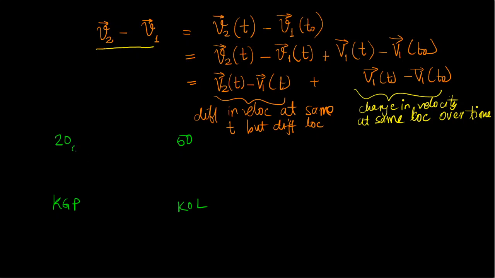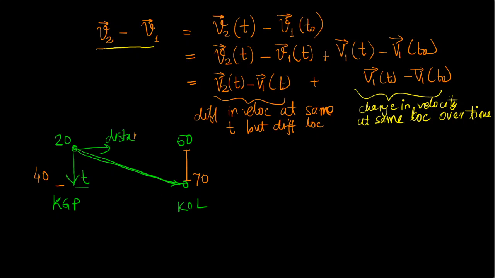Now you are in this small car and over time you are going from Kharagpur to Kolkata. This axis represents time and this is the distance axis. As time progresses, you are going from Kharagpur all the way to Kolkata, and during this change in time, the local humidity has maybe changed to 40 over here, and at that same change in time, the humidity has changed in Kolkata from 50% to 70.